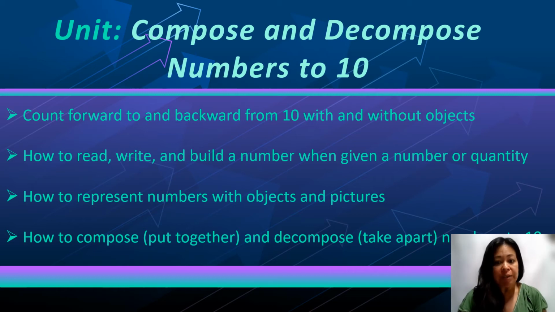Students will also represent numbers with pictures and objects. So again, any number up to 10, they should be able to show with various objects as well as pictures. Students will also learn how to compose, which is put together, and decompose, break apart, numbers up to 10. These learning goals can be found within the STEMscopes parent letter as well.